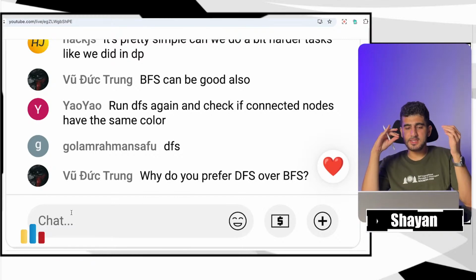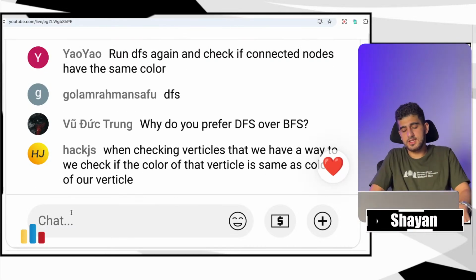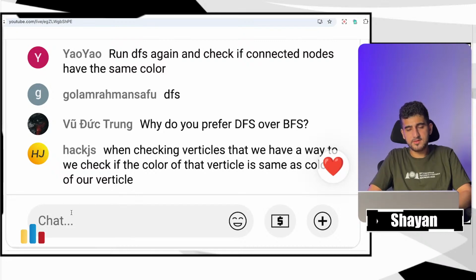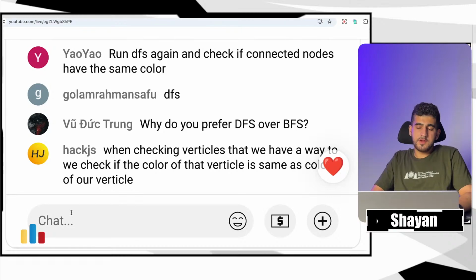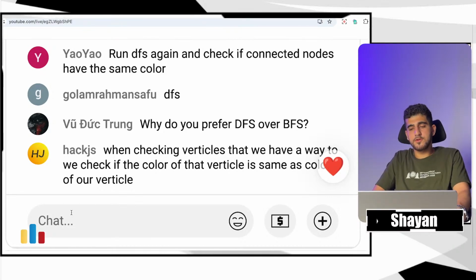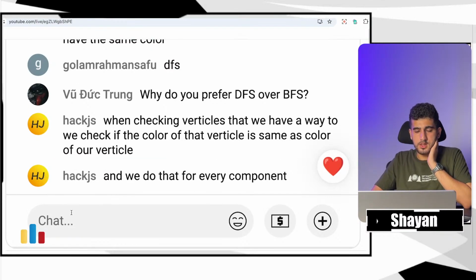DFS is a bit simpler because you don't need to define any additional values like Q, etc. And even the visited array that we defined can be removed. I will talk about that. And right now we only know DFS. We haven't yet discussed BFS, but both work. I personally prefer DFS, but both work.